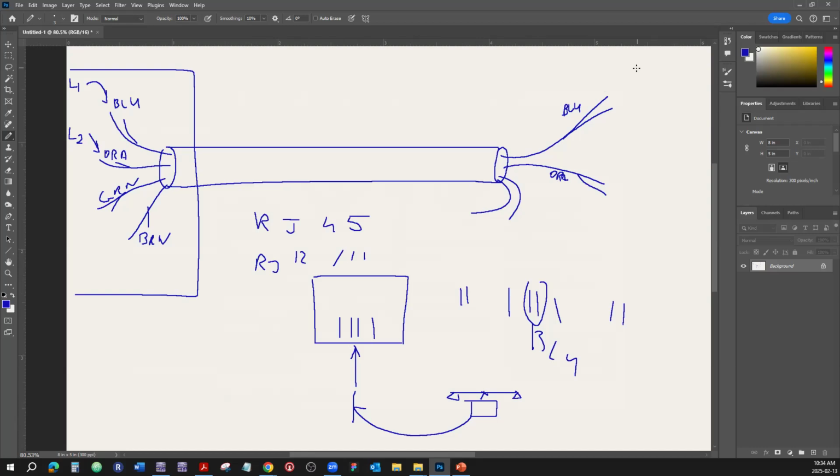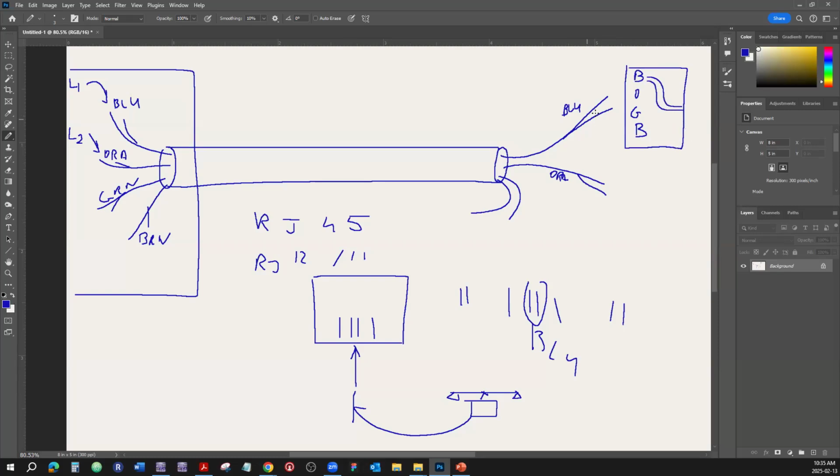So, we have an RJ45 jack here, a data jack basically, which has a blue, orange, green, and brown. And the phone is looking for the signal at the two middle prongs, and the blue pair on the jack is connected to the two middle prongs.